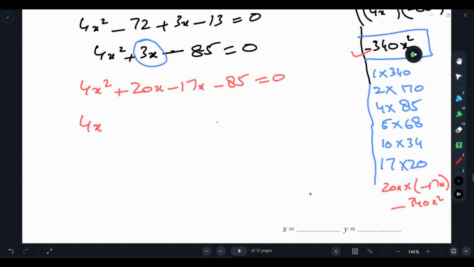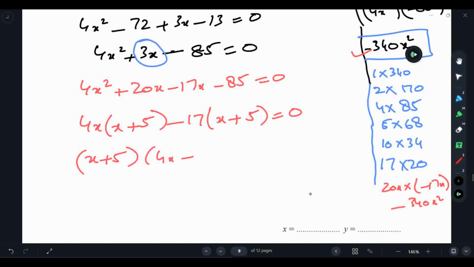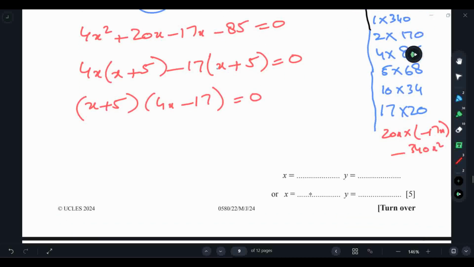So if we take 4x as common, this will be x plus 5. And if we take minus 17 as common, this will be x plus 5. And then we have to take x plus 5 as common, and then 4x minus 17 will be the answer. Now here we need to solve it out. So x plus 5 is equals to 0, which means x will be equals to minus 5.